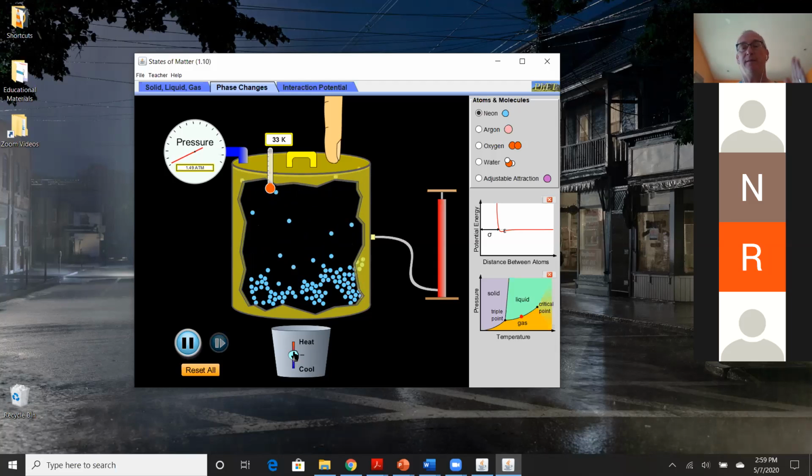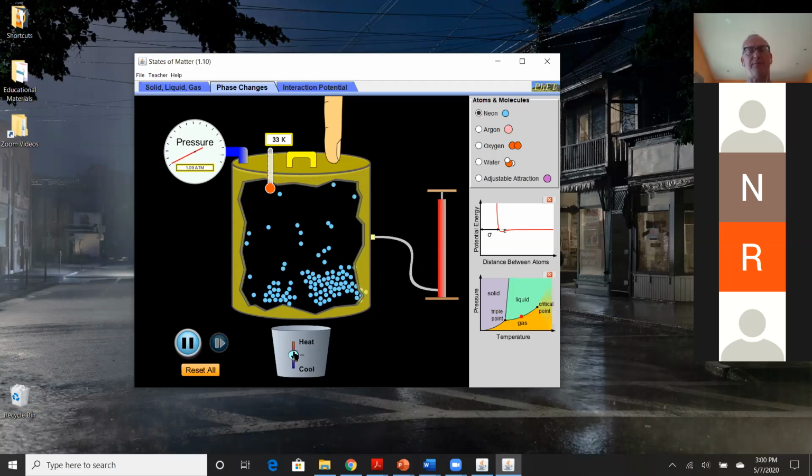If we were doing a heating curve, and we were adding heat, and we saw at some point the temperature stopped changing, then yes, that would be the boiling point. But it looks like we can't really draw a heating curve here. We can't really plot it out.